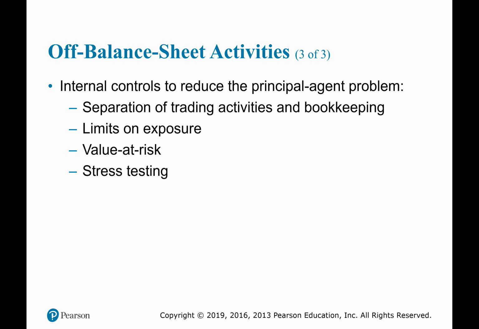So you monitor the risk. So-called value at risk, which is looking at the amount of risk in various scenarios and how much value you would get out of them. So in other words, what would happen to your position. And then stress testing. So in other words, actually setting up scenarios and looking at how the bank overall would fare if this scenario came to pass, given its current positions.